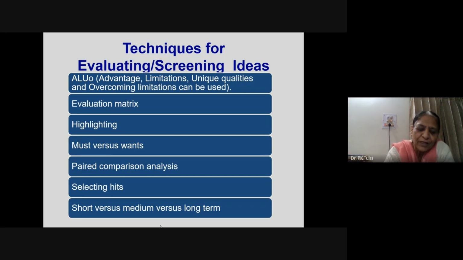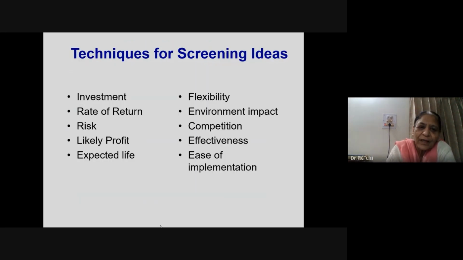So what benefits are likely to accrue. So these are a variety of techniques which can be used to evaluate ideas, and whatever technique is used, on the basis of that, prioritization is done. And then the idea which has the maximum score, if they are competing, that can be taken up, right?